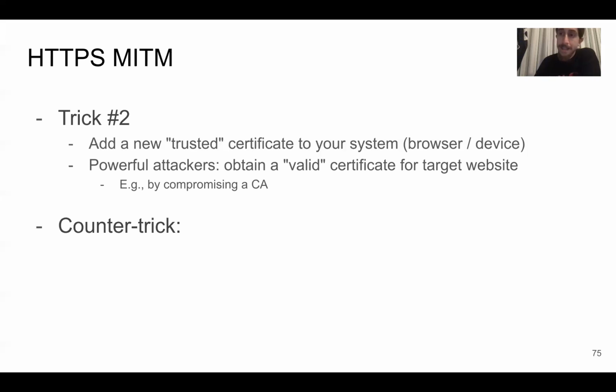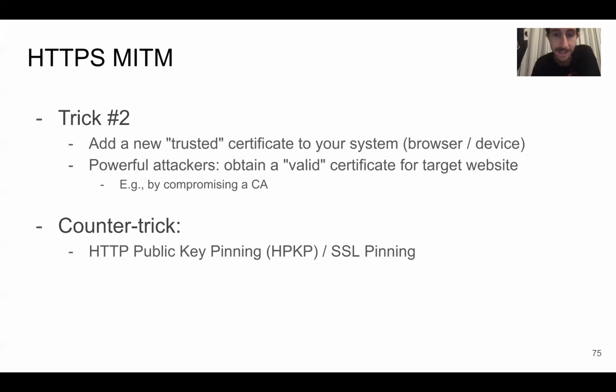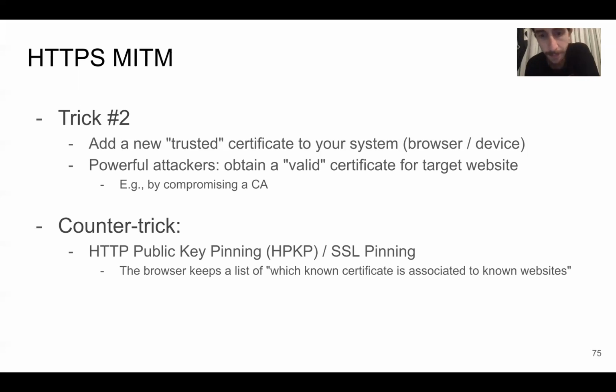Okay. The counter trick for this is SSL pinning. The principle is very simple. Not only does the browser check that facebook.com is signed by a certificate, which is signed by a certificate, which is signed by a certificate in the root of trust, but it also checks that it is actually signed by a very specific certificate.